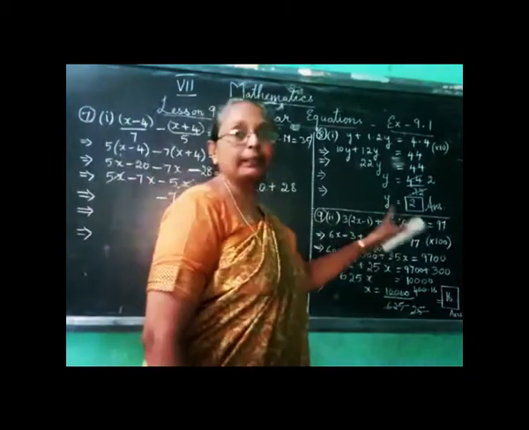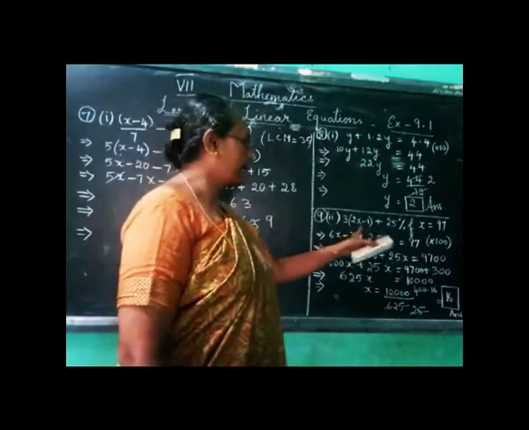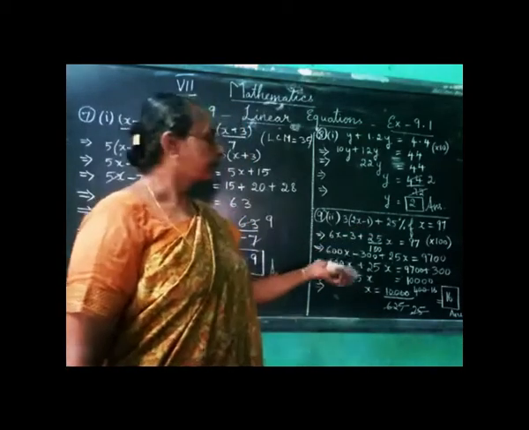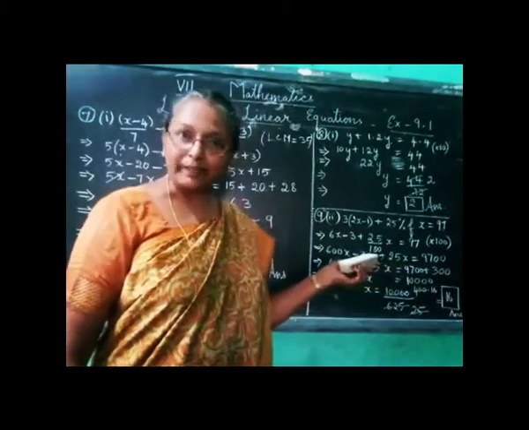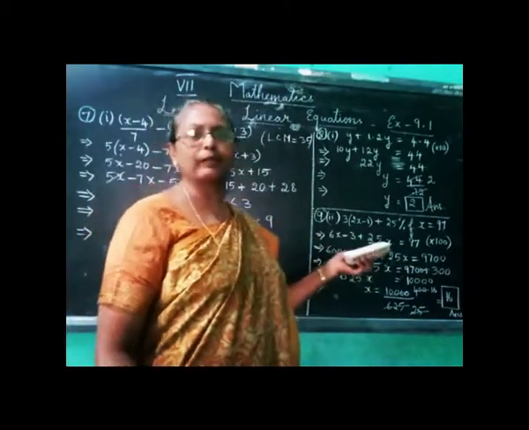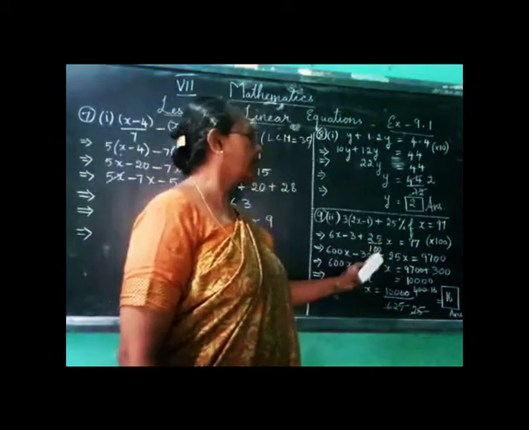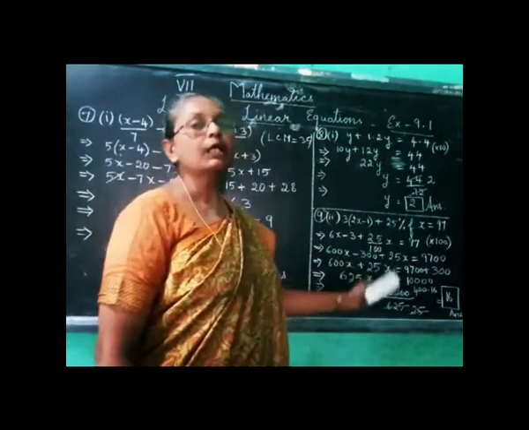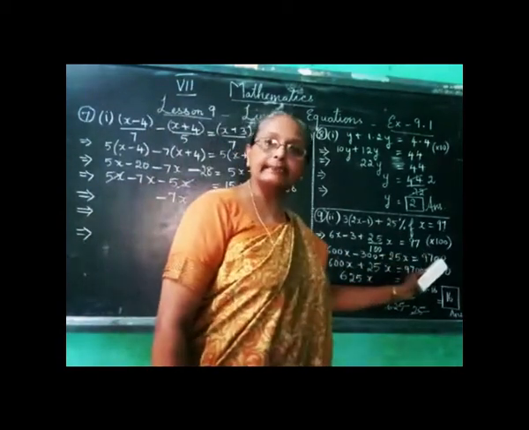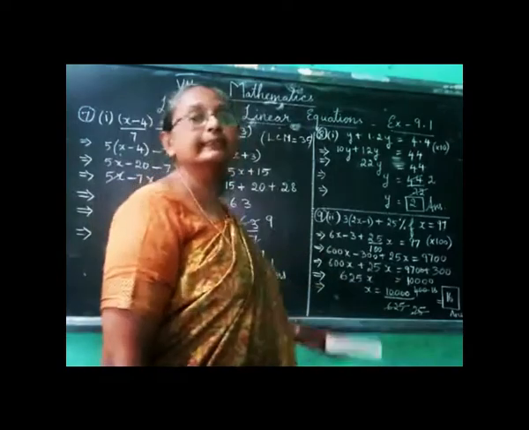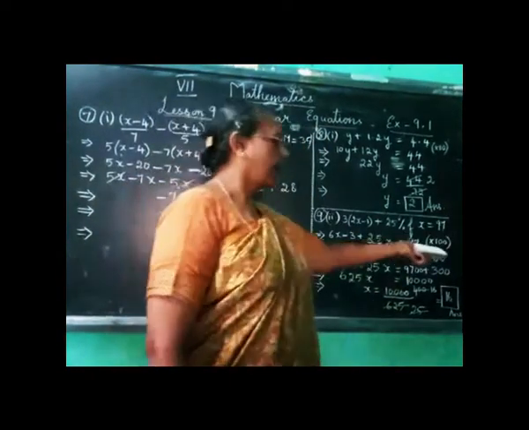Now first we will open the bracket as we did earlier. So 3 into 2x is 6x minus 3 into 1 is 3 plus 25 percentage means it is 25 by 100, as you learnt in percentage lesson. So it is 25 by 100 of x, which can be written as 25 by 100x, that is equal to 97. Now since 100 is in the denominator, we can multiply throughout by 100.